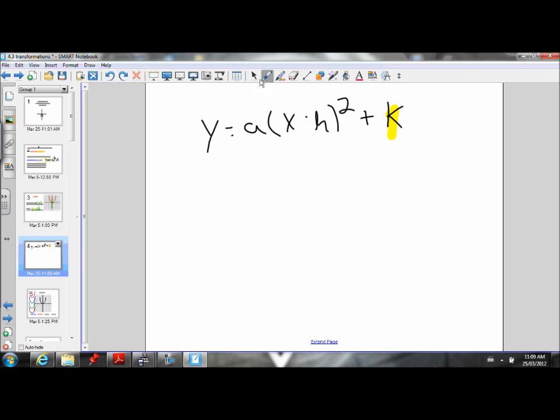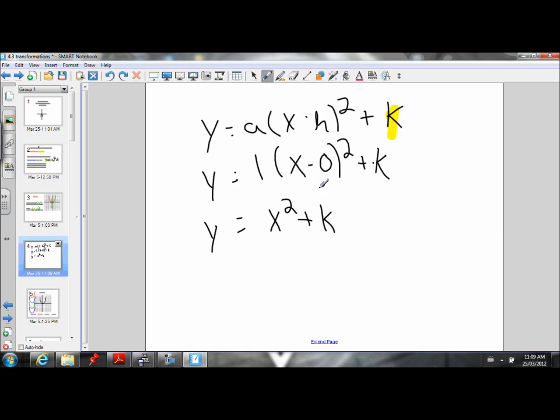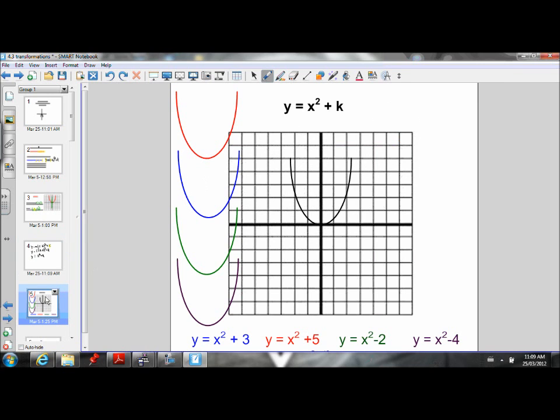In order to do that, we are going to set a to equal 1, that way we're just multiplying the parabola by 1, and set h to equal 0, that way we're not taking anything away from the x. If we simplify this equation, you will notice that we just get x squared plus k. So now when we vary the values of k, we'll be able to determine how that affects the parabola. So let's go ahead and do that.